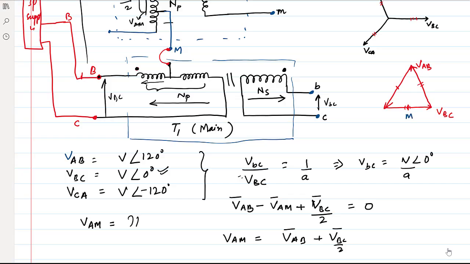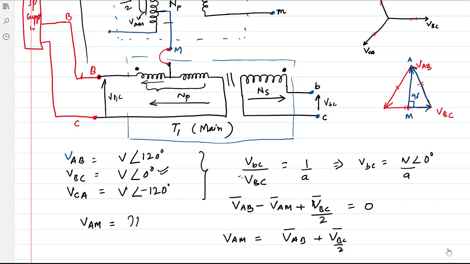If you sum these two, the resultant would be this one at the middle of it. And this would be AM, and this would be at 90 degrees to it.